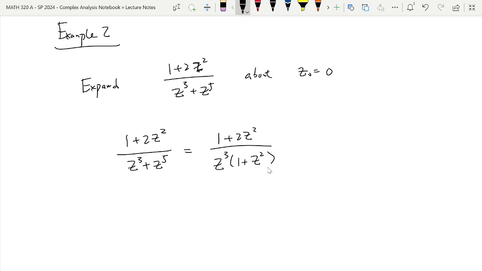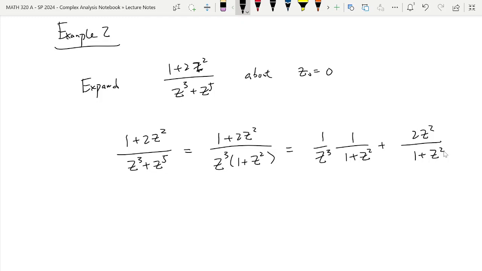But it's not just 1 over 1 plus z squared. You have something on the denominator. Okay? So if you separate into two parts, then you get here 2z squared over 1 plus z squared. So we have recovered our previous knowledge.